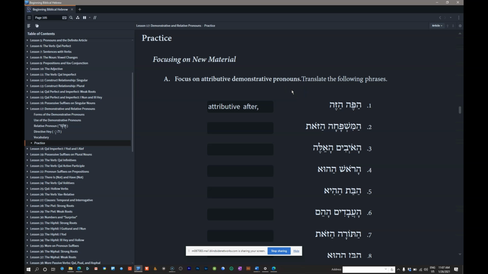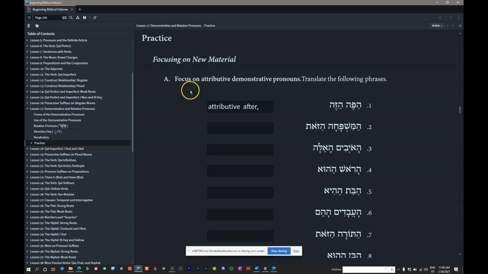Then it's functioning as a noun. No, that's not right. That would be predicative. Also, when it's functioning substantively, it would be a pronoun. But when the demonstrative is functioning attributively, then it's going to be considered an adjective. It's just like when we learned adjectives, they can function attributively, predicatively, and substantively.